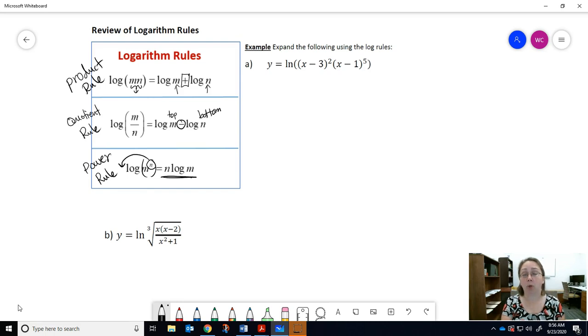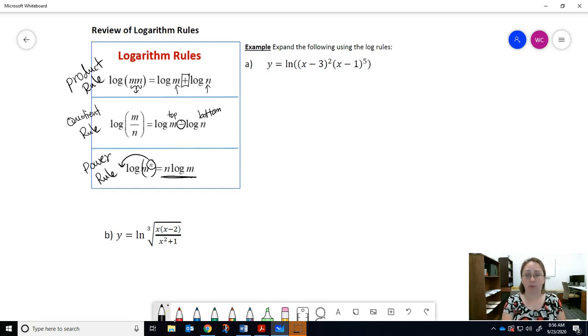Occasionally, this power could be a variable. When you bring it down, you're avoiding a situation that we don't know how to deal with in many cases. If you have, for example, a base to another power, both being variables, we don't have any rules to deal with that. So that is a very big case of where we would use a log rule to help us. And you're going to see an example of that later.